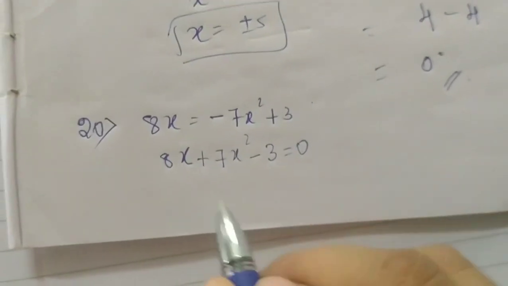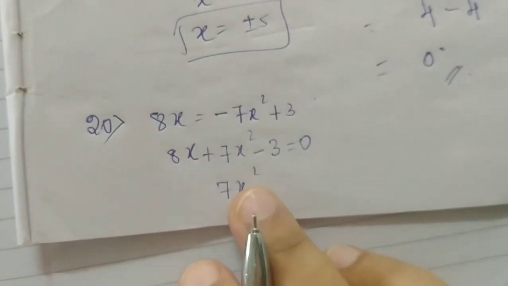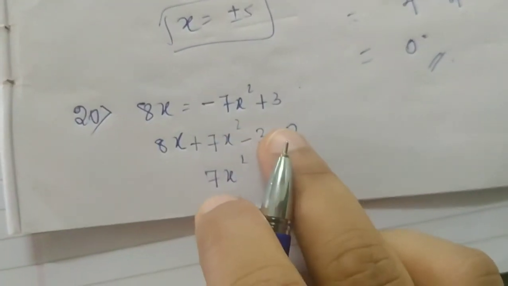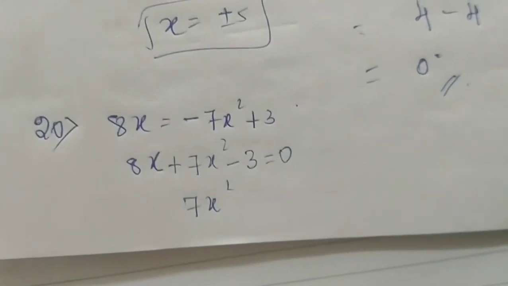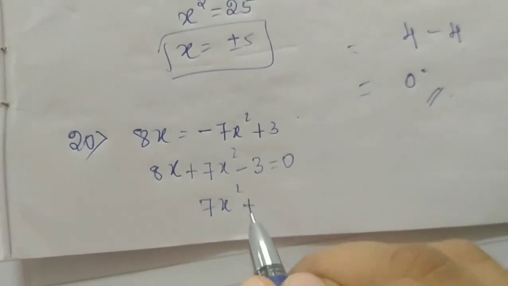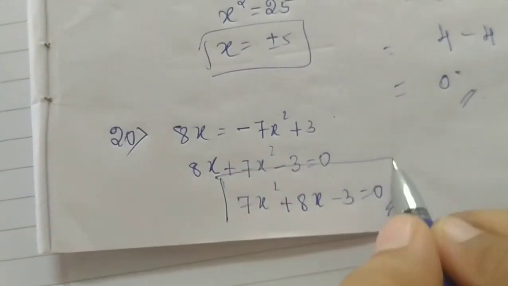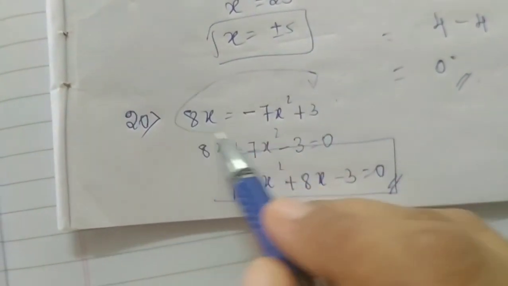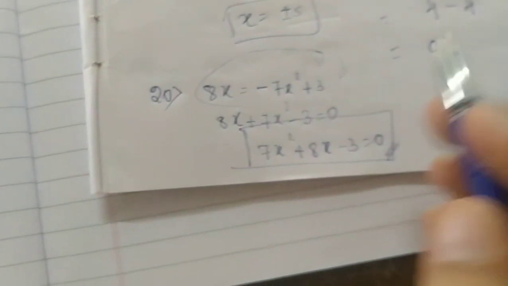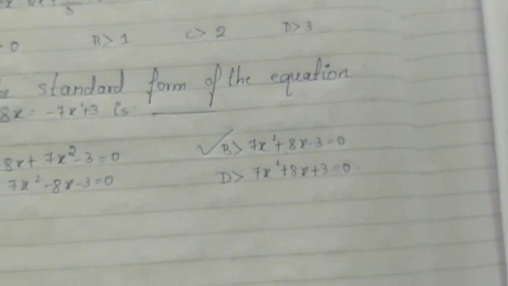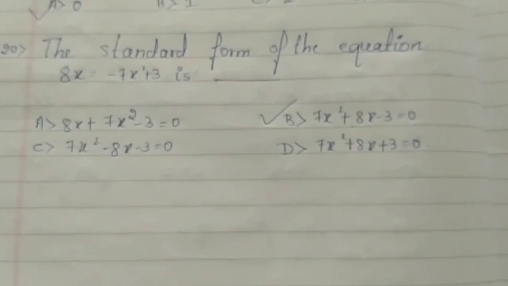Now we arrange this in the form of ax square plus bx plus c, that is 7x square plus 8x minus 3 is equal to 0. This is the standard form of this quadratic equation. Therefore the correct option is 7x square plus 8x minus 3 is equal to 0. Option B is the correct answer.